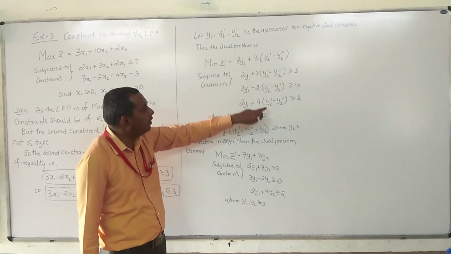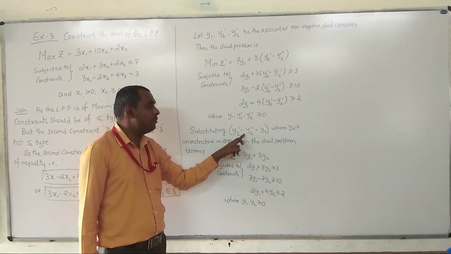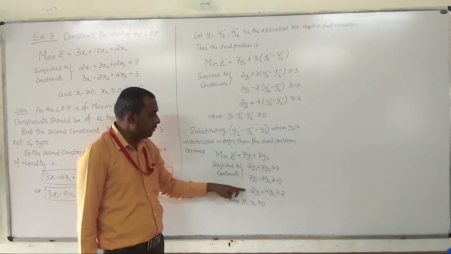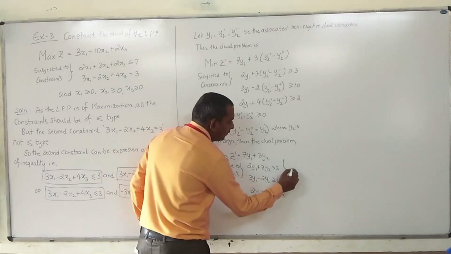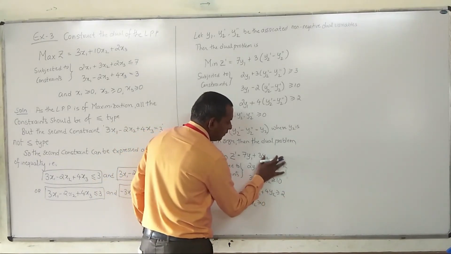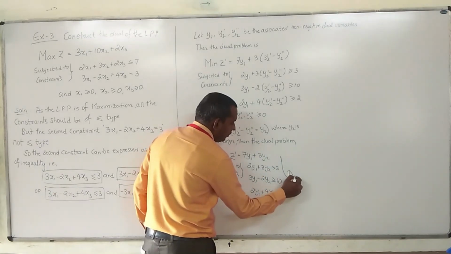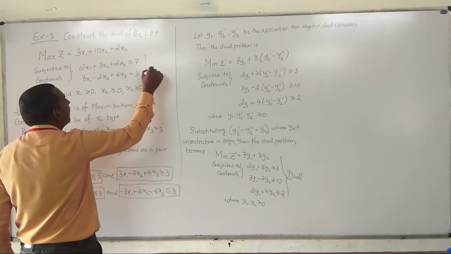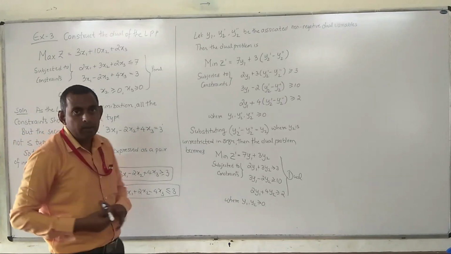Substituting y2 dash minus y2 double dash equal to y2, the problem becomes this. So this is the primal, and this is the dual. Fine. Thank you.